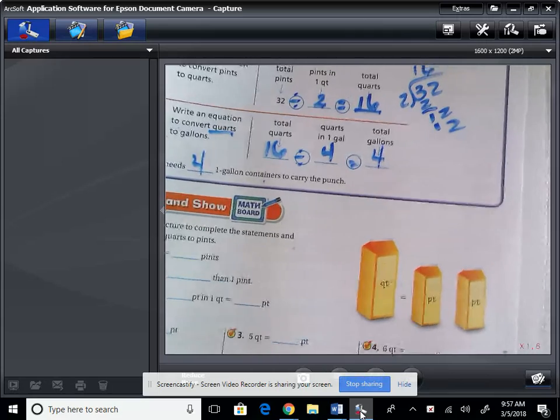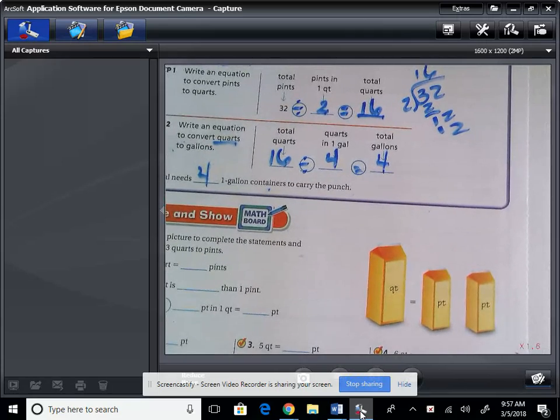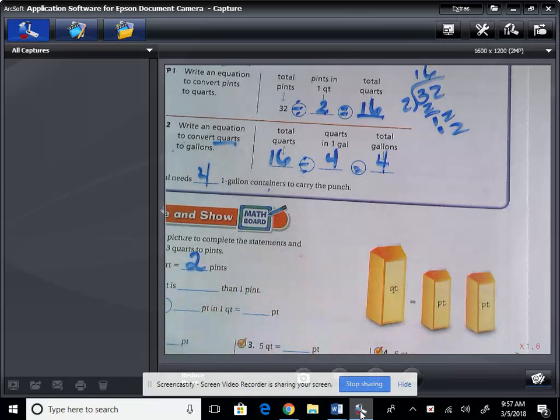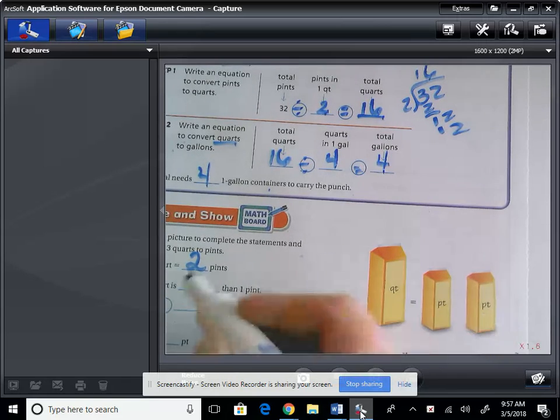So let's look at this one down here. We use the picture to complete the statement and convert 3 quarts to pints. 1 quart is equal to, and we know that is 2 pints. So 1 quart is blank 1 pint. So 1 quart is what?